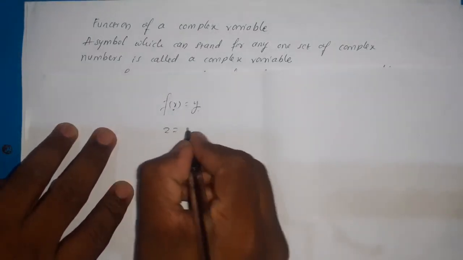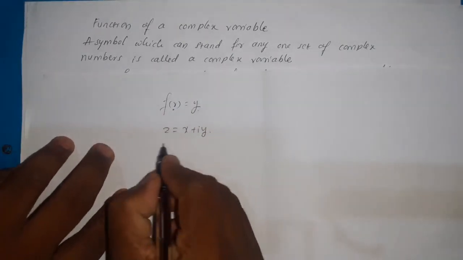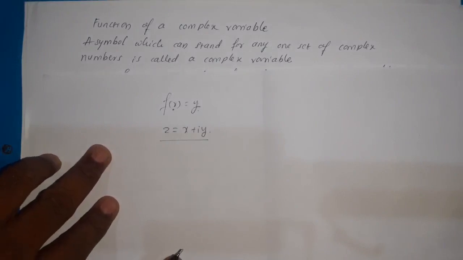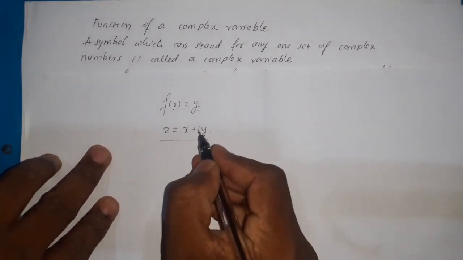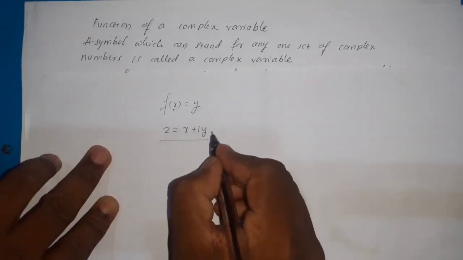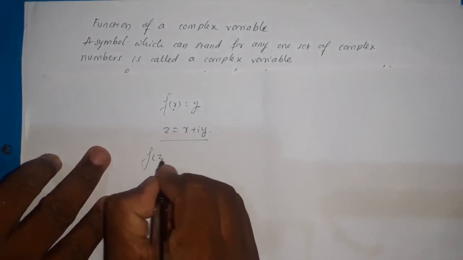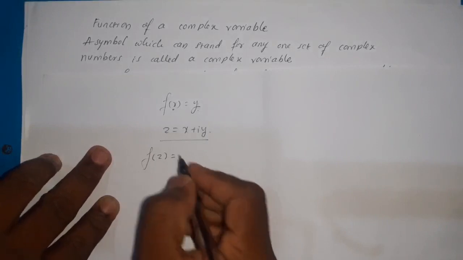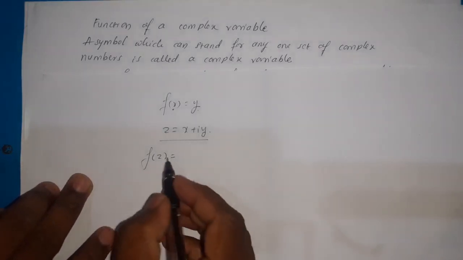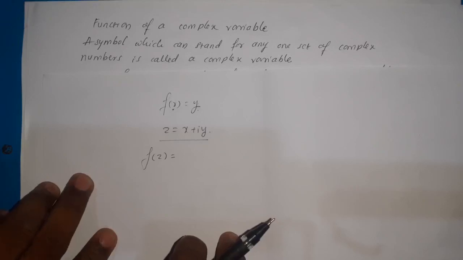So here suppose z is equal to x plus iy is a complex number. Then the function of a complex variable means x and y are the variables, so z is also a variable, but it is called a complex variable. Now if we write the function as f of z, then this function is called a function of a complex variable.